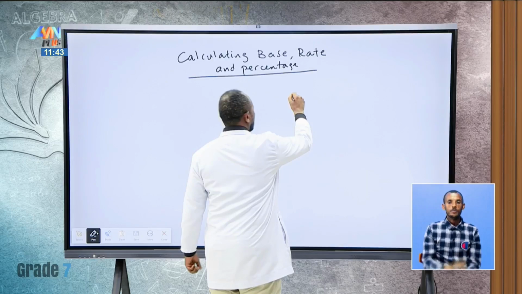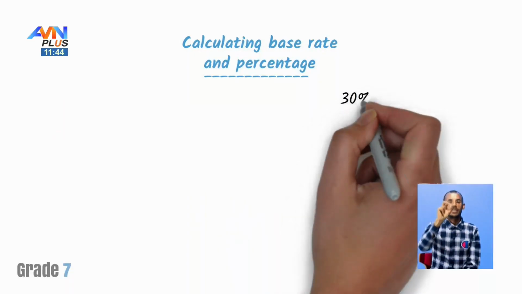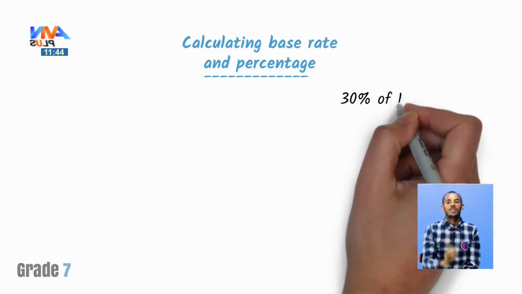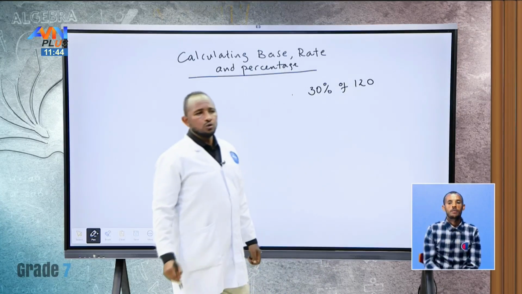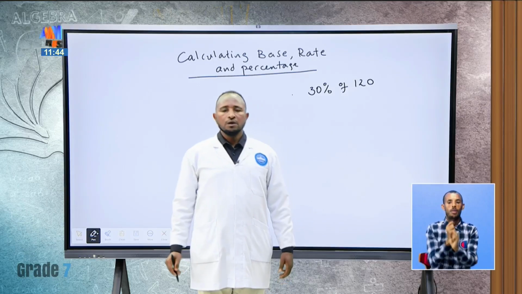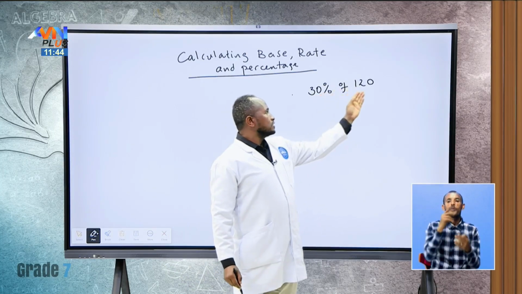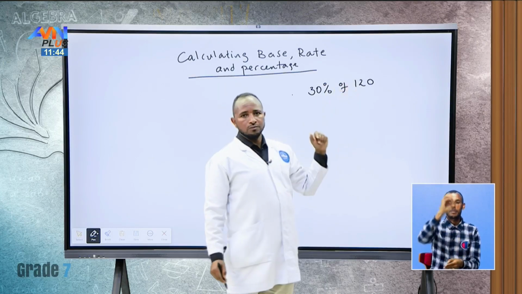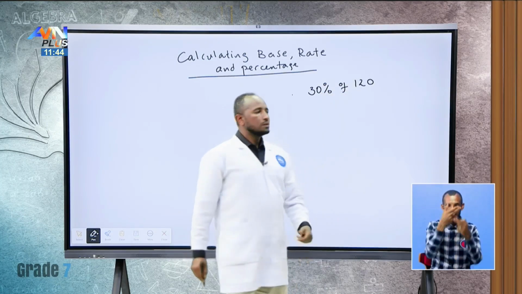How do you calculate 30% of 120? To calculate this, simply you multiply these two. 30% of this one means 30% times 120.